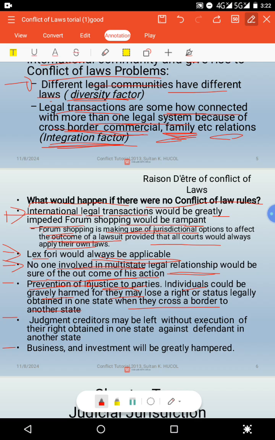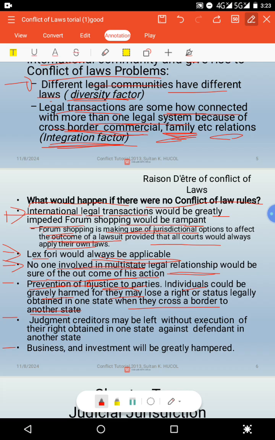If a crime in Uganda is not a crime in Kenya, this may create a problem. So it may prevent justice to the parties.